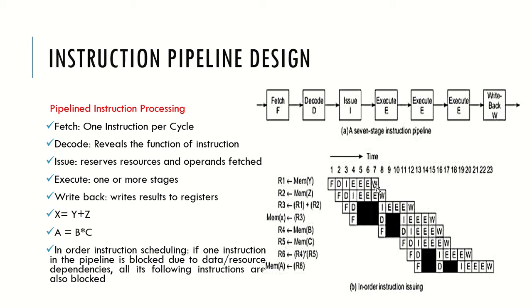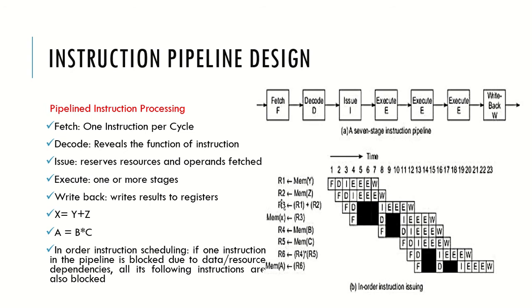So you will have to wait till 8 clock cycles and then continue executing the issue of the third instruction. Similarly, the fourth instruction will have to wait for decoding until the corresponding data is available. So here you can see the third instruction is R3 is equal to R1 plus R2.